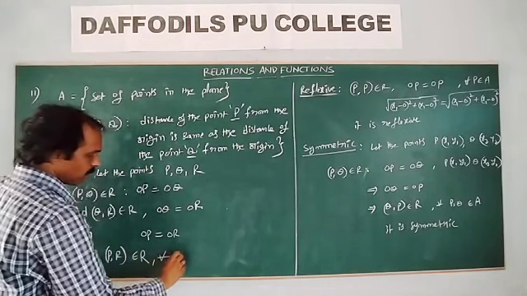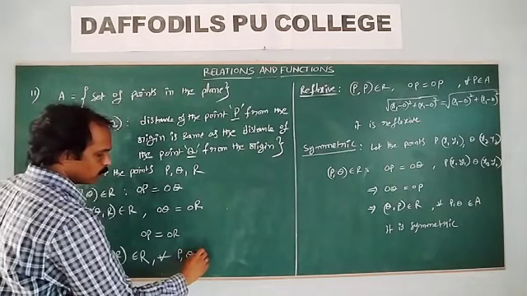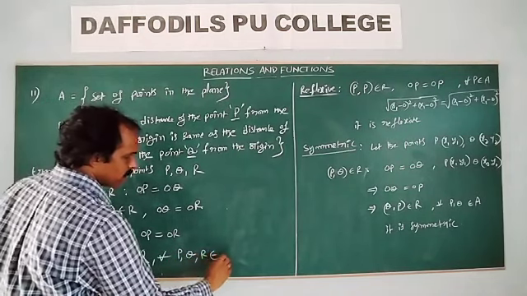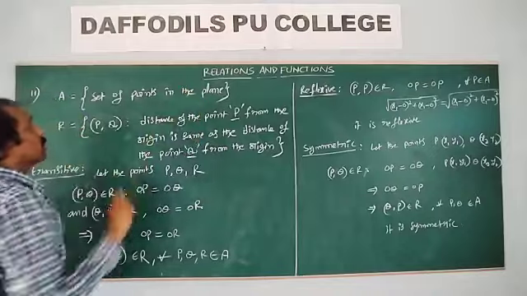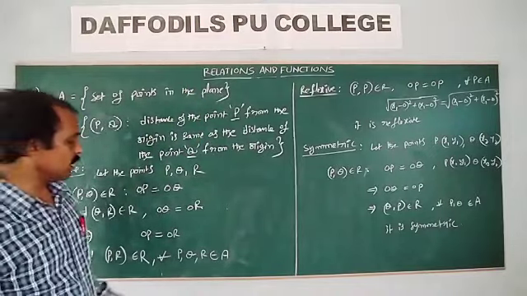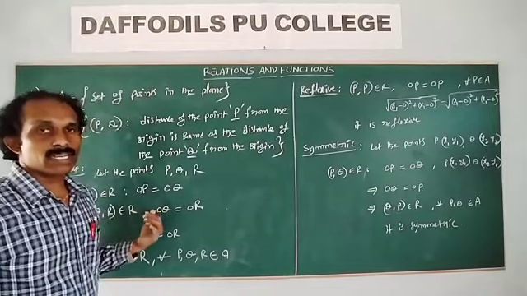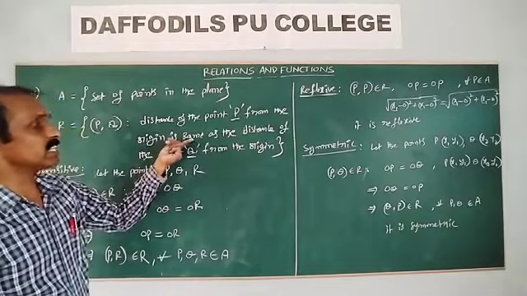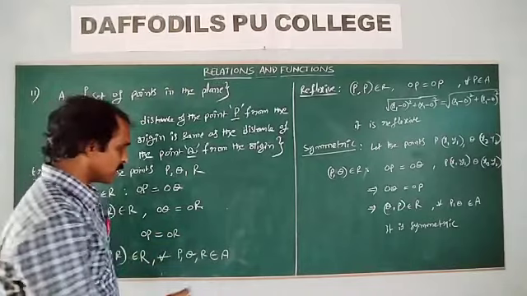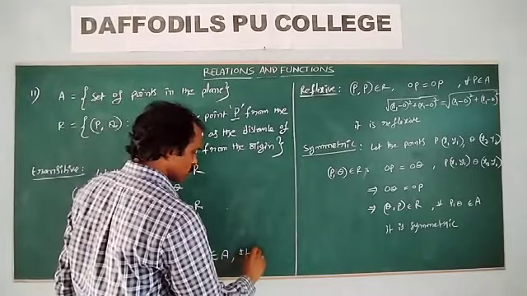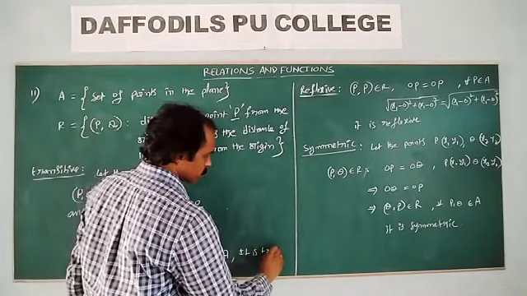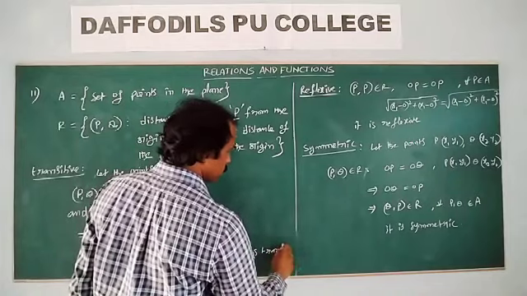For all P point, Q point, R point belonging to set A, the set of points in the line. Reflexive, symmetric, transitive, satisfied. Therefore, this relation is an equivalence relation. Here it is transitive.